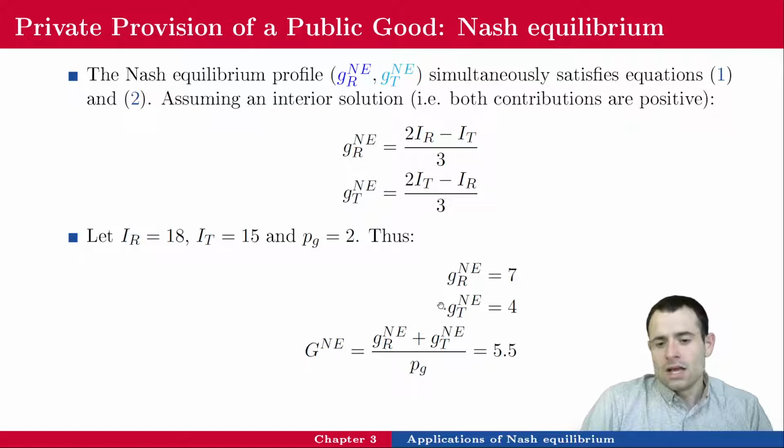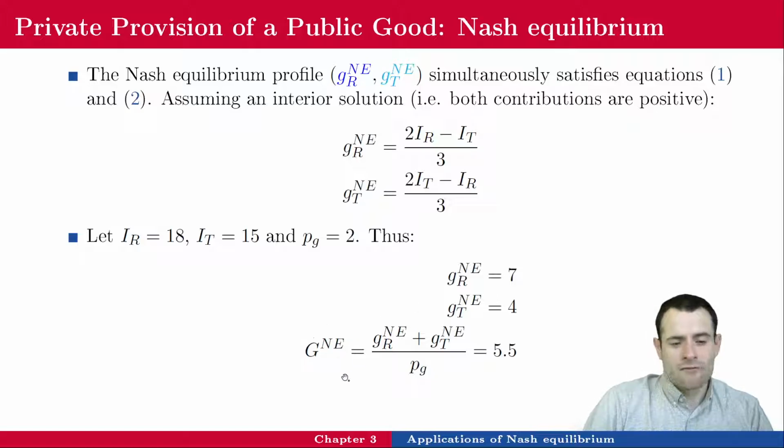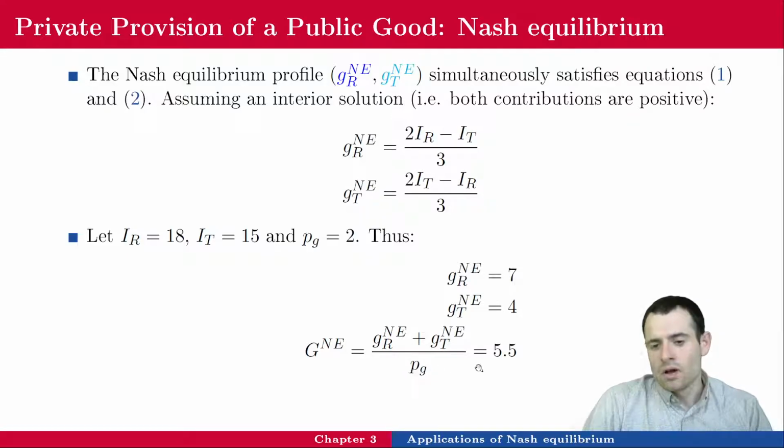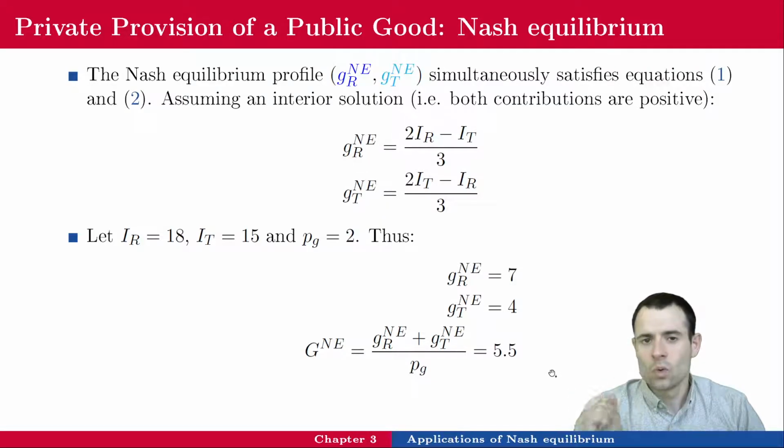And finally, the Nash equilibrium amount of public good, using my formula from before, will be 7 plus 4 divided by PG, which is equal to 2. So 7 plus 4 is 11, divided by 2, 5.5. So 5.5 units, whatever that means, of the public good will be purchased.